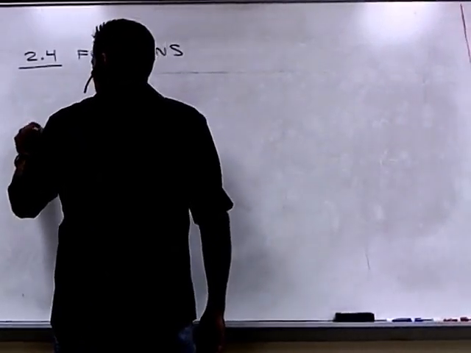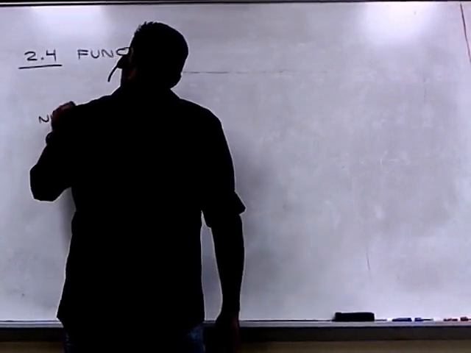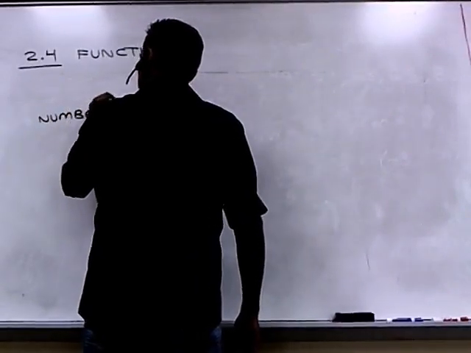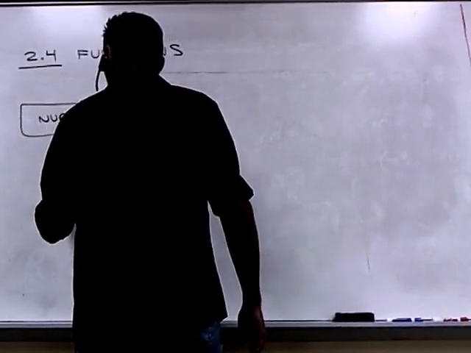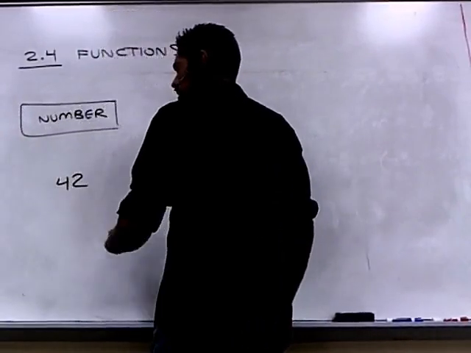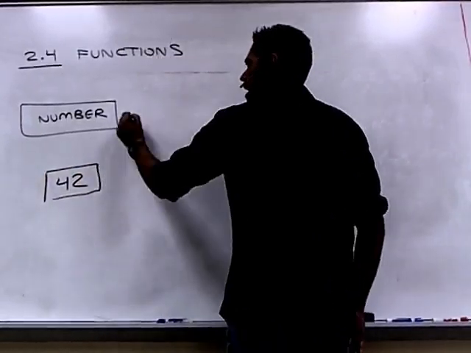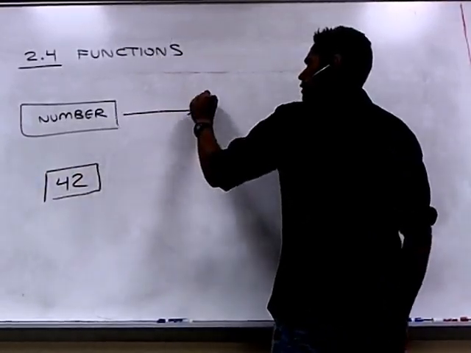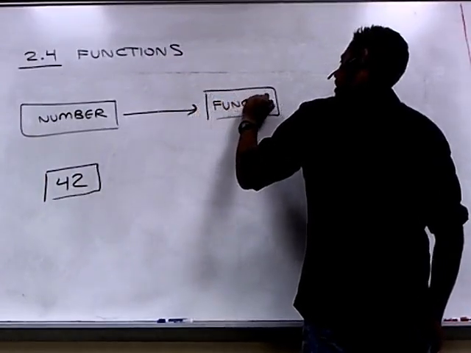Concept of function is this. You have a number, right? You start out with some number. Someone give me a number. 2. Okay, I heard 40, and then I heard 2, so I'll say 42. Okay, you start off with a number, and then from that, you send it through some function that does something to it, all right?